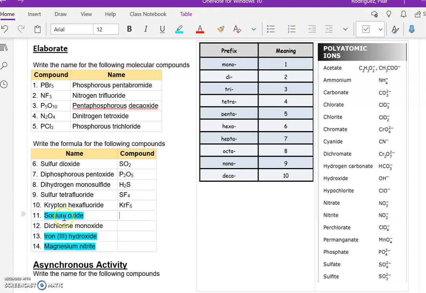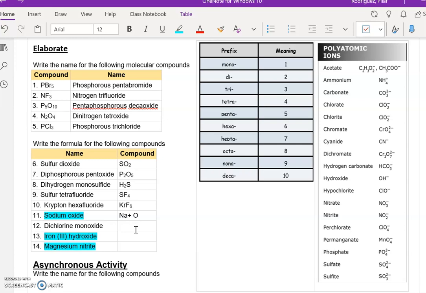Sodium oxide, so if you notice I have it highlighted, that is because sodium is a metal. So remember, my molecular or covalent compounds are made up of 2 nonmetals. So sodium is a metal, therefore this one is not a molecular compound. I cannot use this. So I actually have to go back and do my balancing. So I know that sodium is Na and it has a charge of +1.